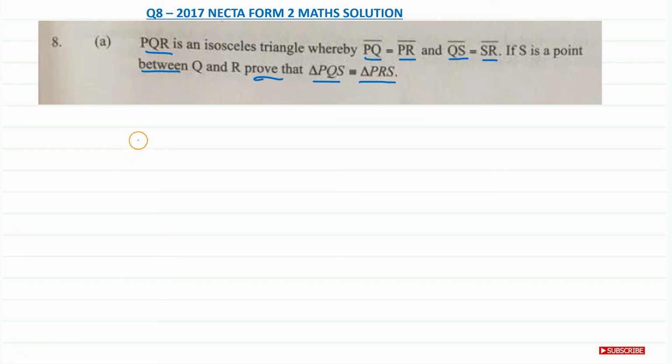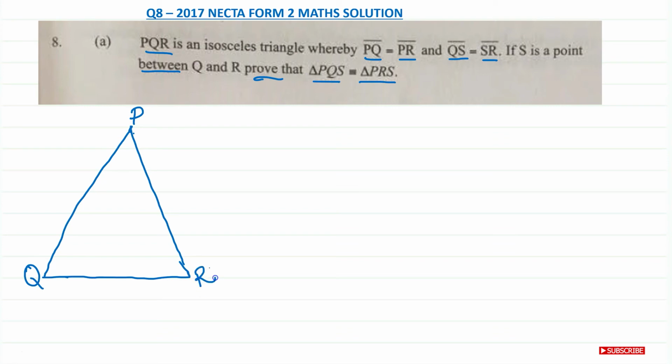So before we do anything, let's do a quick sketch of this triangle PQR, so we know what we're dealing with. We have a P, we have Q, and we have R, and we are told PQ is equal to PR, and then we're told S is between Q and R, but we're also told QS is equal to SR.